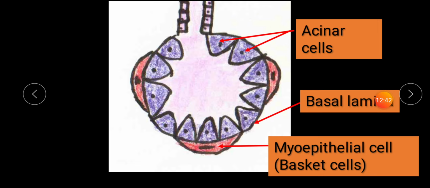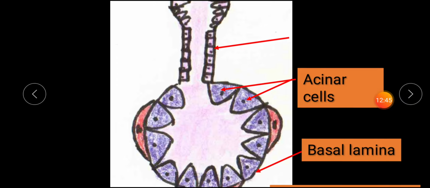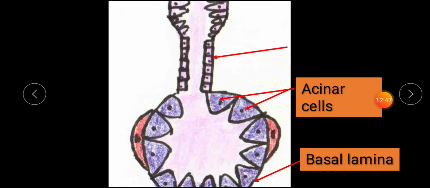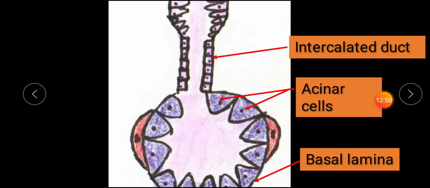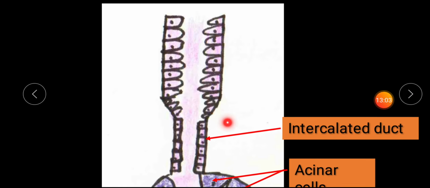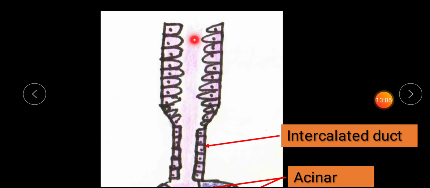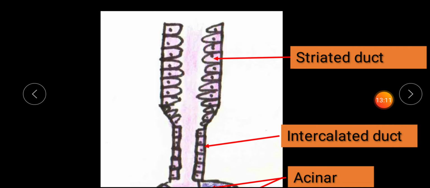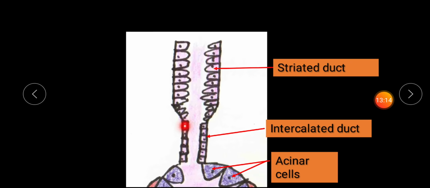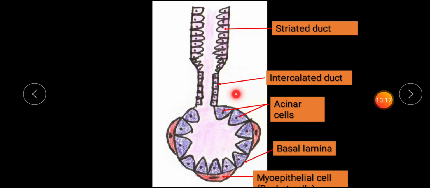Next, the short duct nearest to this acinus is termed the intercalated duct, and the wall of this duct is lined by simple cuboidal cells. Next, you can see this bigger duct, lined by columnar cells, and that is termed the striated duct. So, this is the arrangement of a single acinus with its duct system.